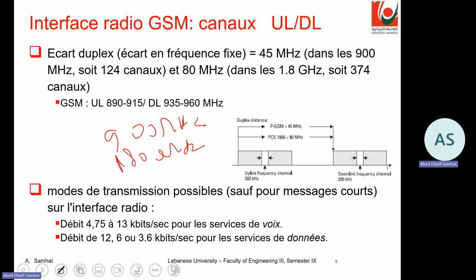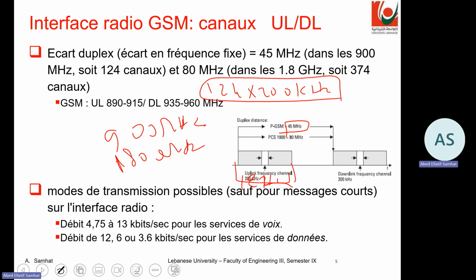In 900 megahertz, the difference is around 45 megahertz. We have 124 channels, which is 124 times 200 kilohertz, and we obtain the overall bandwidth. We have a shift of 45 megahertz, and we have the downlink frequency channel.